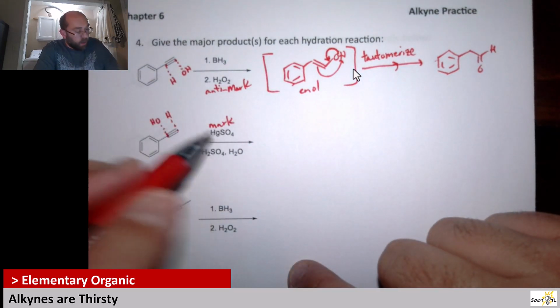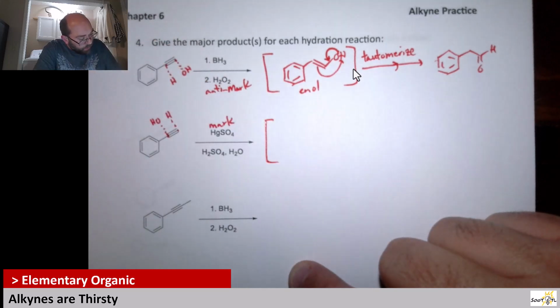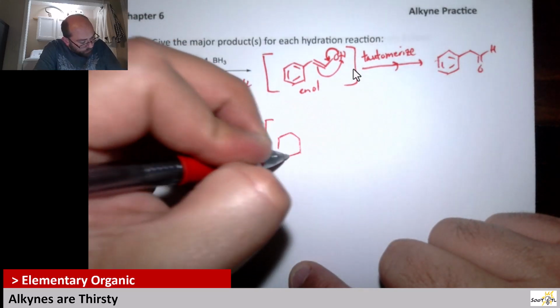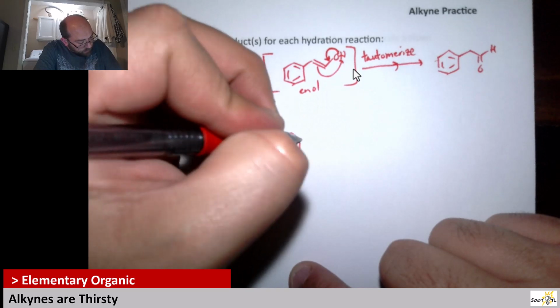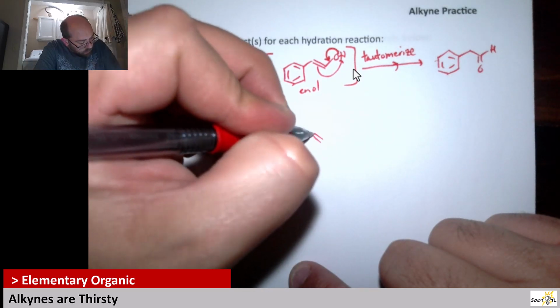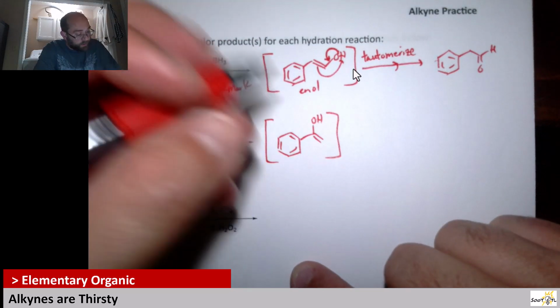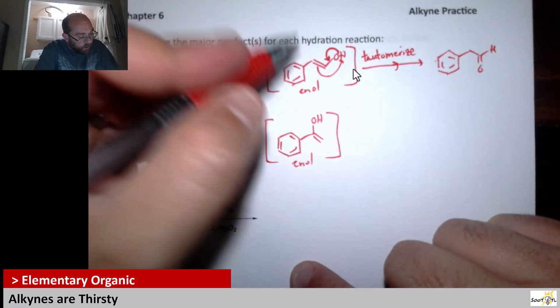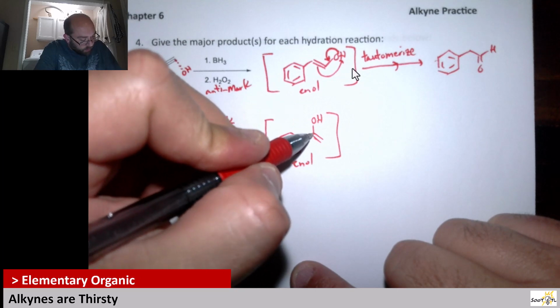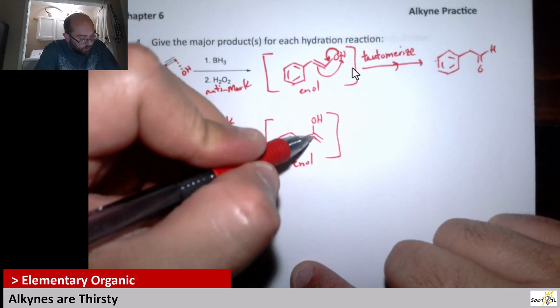Now, with the Markovnikov addition using mercury, this will give us the OH there. In doing so, this is yet again also an enol. Enol means you have a double bonded carbon, but also an alcohol on the same carbon.